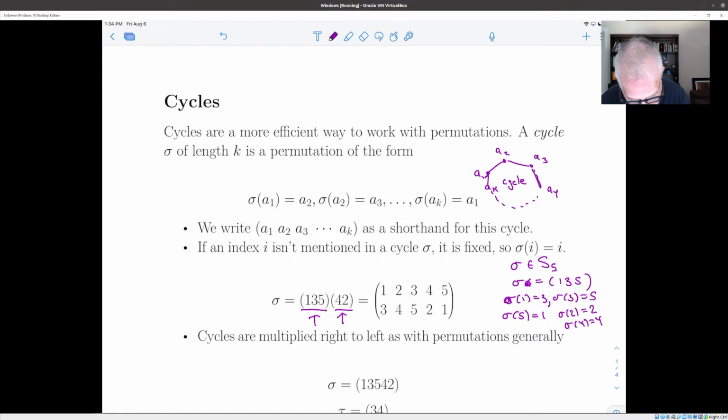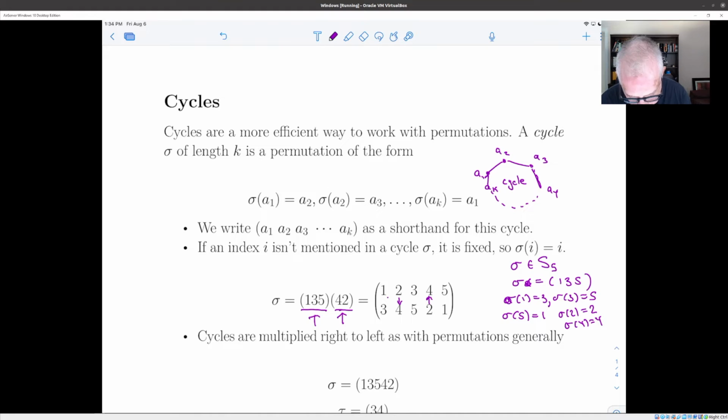So if we look at 1, 2, 3, 4, 5, and we ask where do things go, well, 2 goes to 4, and then the (1, 3, 5) permutation doesn't mention 4, so 4 stays where it is. So that's where this 2 goes to 4 comes from. And 4 goes to 2, and again, (1, 3, 5) doesn't mention 2, so 4 and 2 trade places.